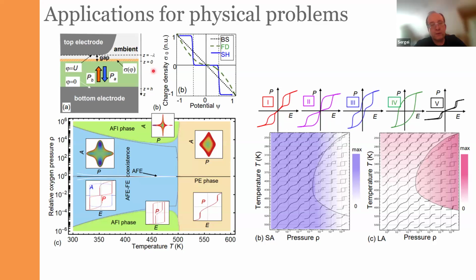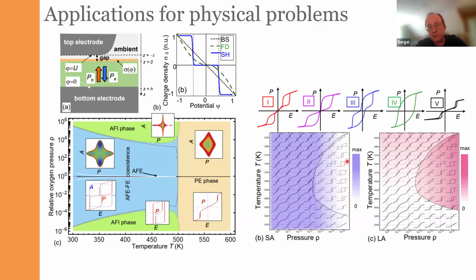So what we can do is we can solve this problem numerically, so that requires a lot of computation. And then we get the answers in the form of the essentially parameter behaviors where we have the characteristic hysteresis loop as the function of, let's say, pressure and temperature.